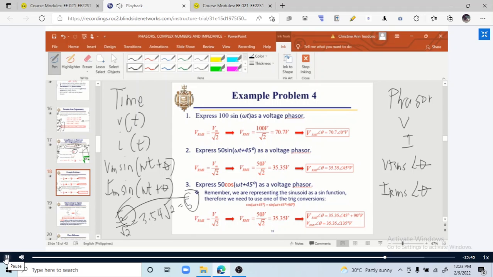Okay, if you are obliged to come up with an answer as an equation in a time domain format, fine. But if the problem does not oblige you to come up with the equation and you just stick with the phasor domain, you still need to convert VM to VRMS. Because you will be stopped at a certain situation where you no longer need to multiply the square root of 2 back onto your answer.